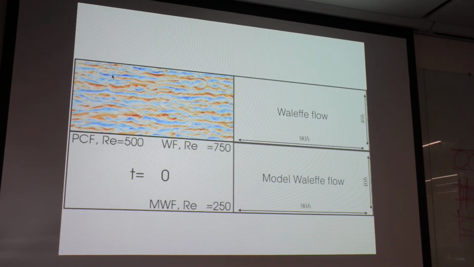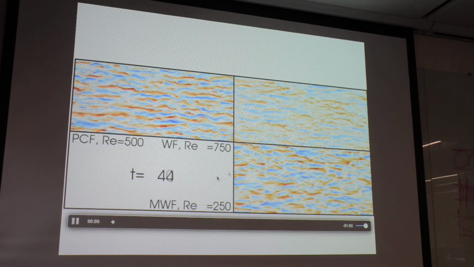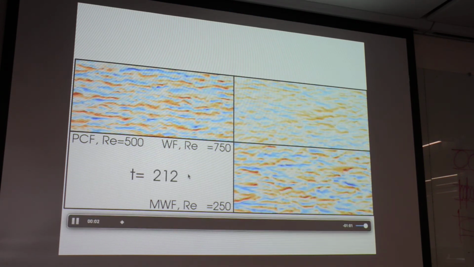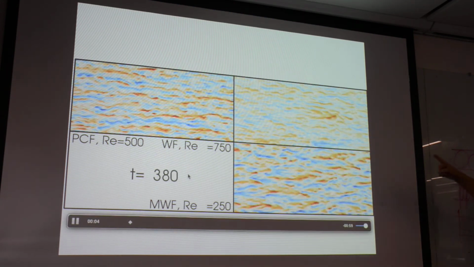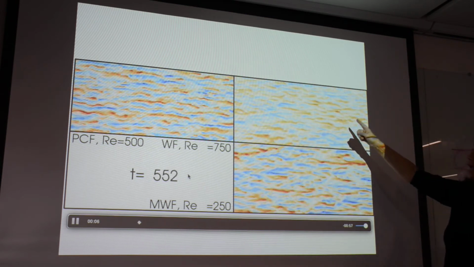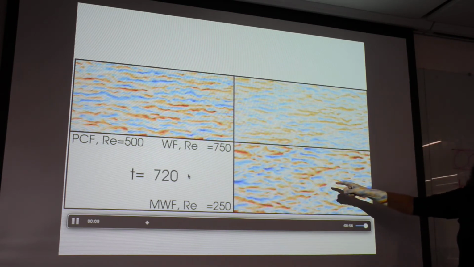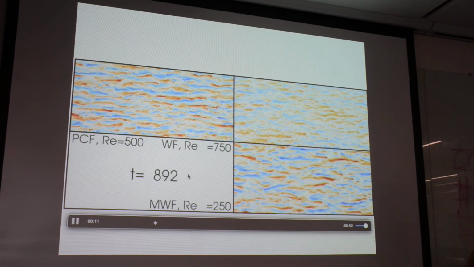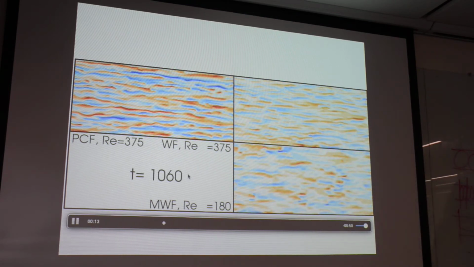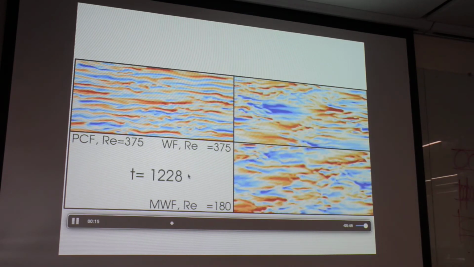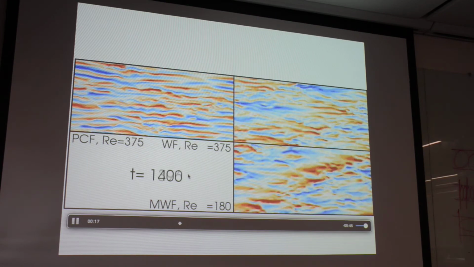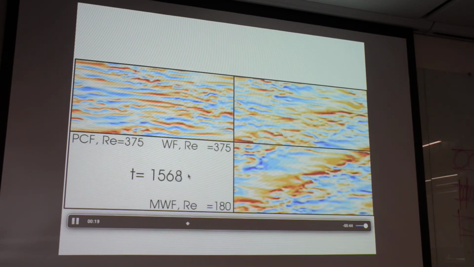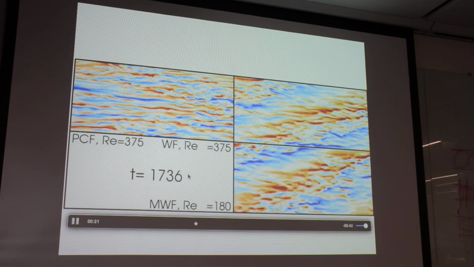Okay, since everybody likes movies, here are movies of bands being formed in regular plane Couette flow, in wall-free flow, and then in model wall-free flow, where you have only a few basis functions in y. You'll see they all form bands. The model wall-free flow now has a different Reynolds number, as you can see. So here it is, forming bands.